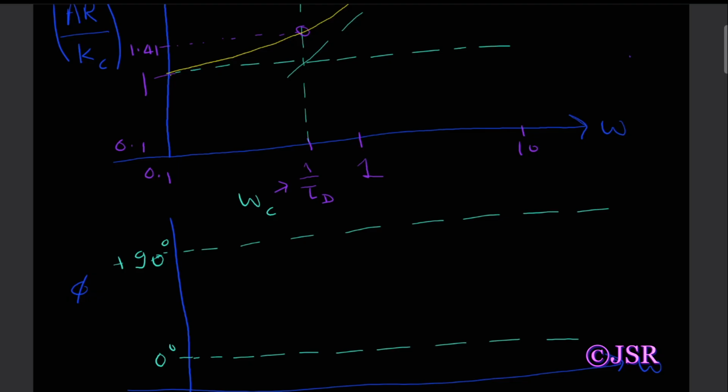And when omega tau d is equal to 1, means omega is equal to omega c, that is 1 upon tau d.